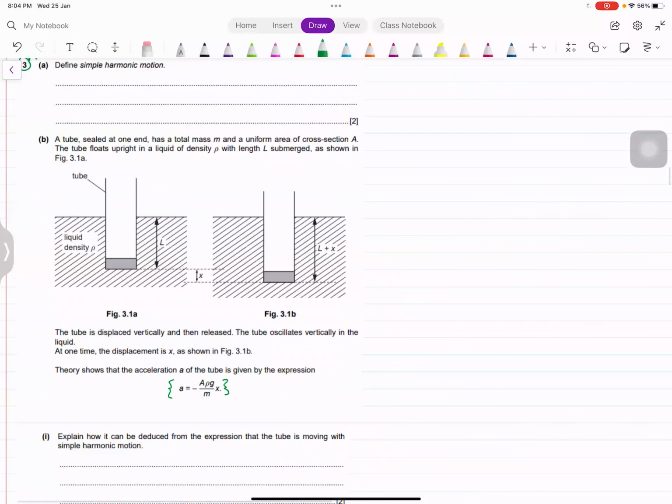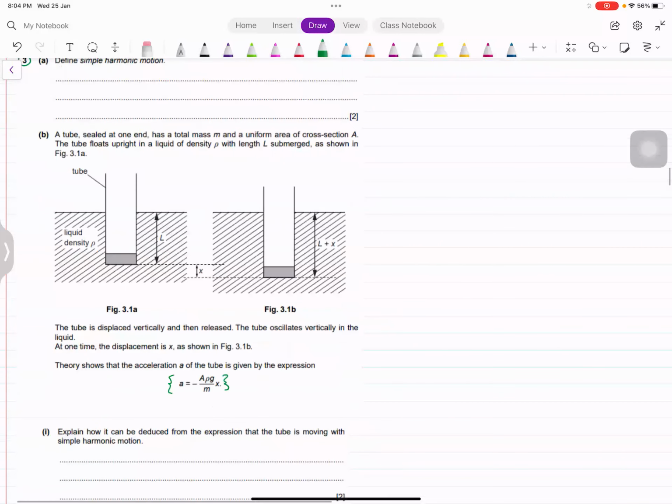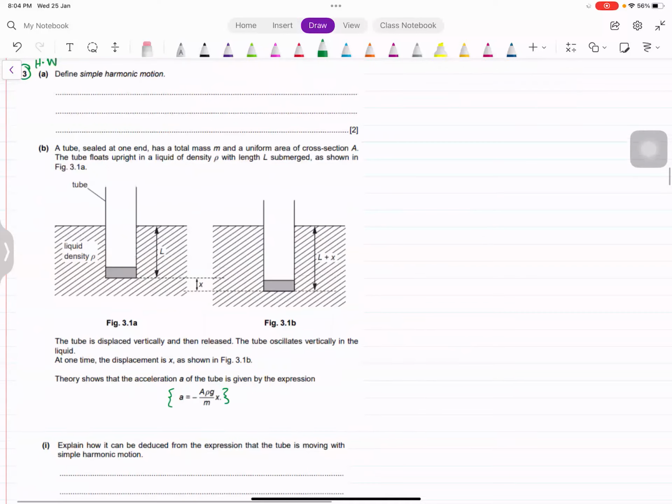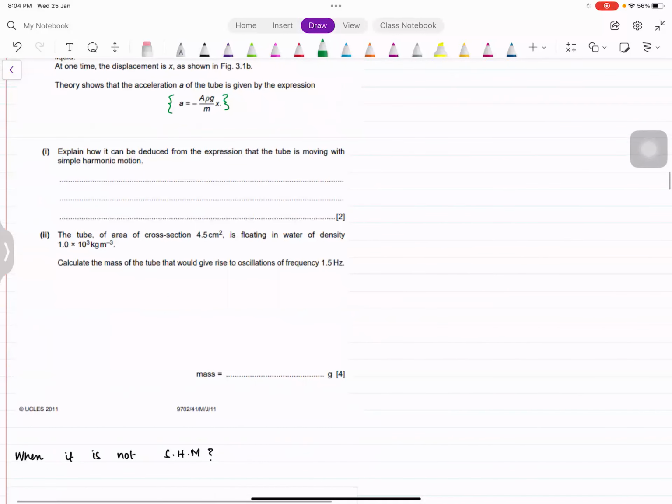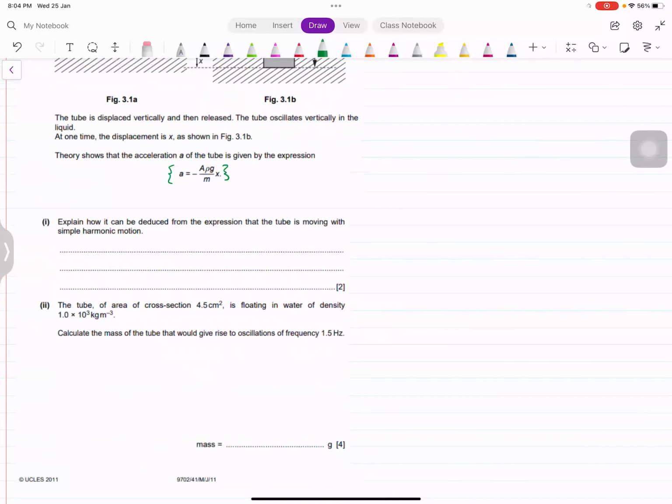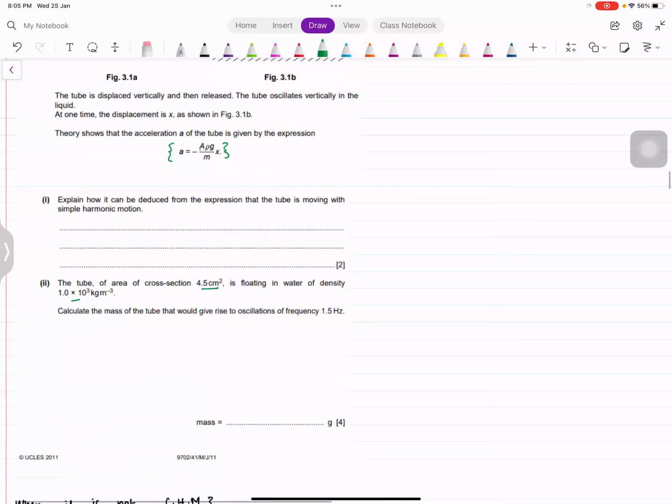You need to realize he will ask how the expression shows that it is simple harmonic motion. He's given you the area, he's given you the density. You should know what A rho M corresponds to, and then you can find the frequency or whatever they're asking.